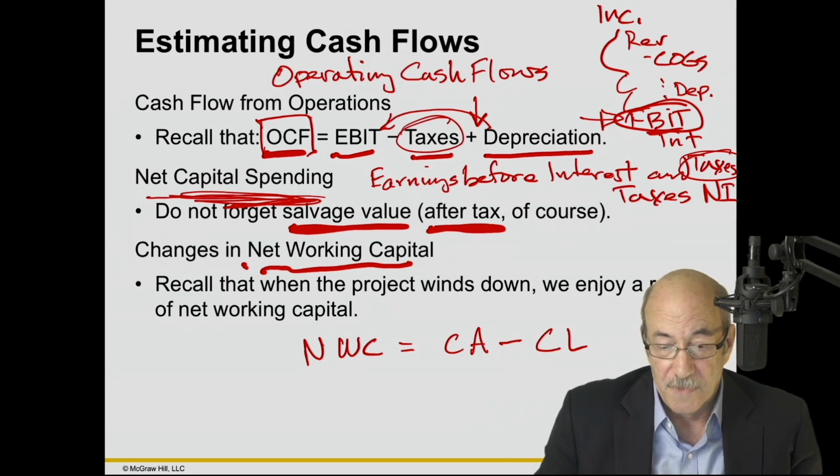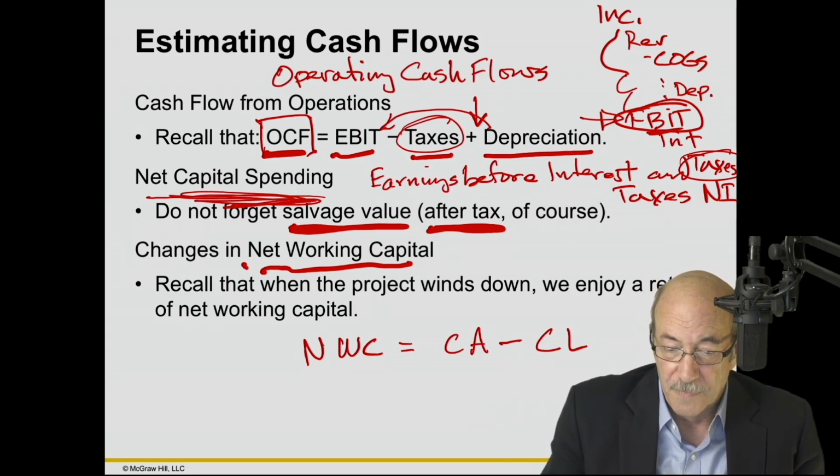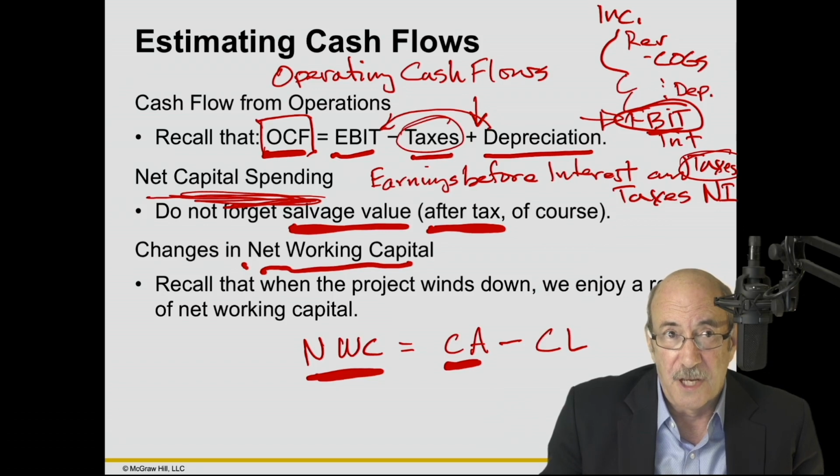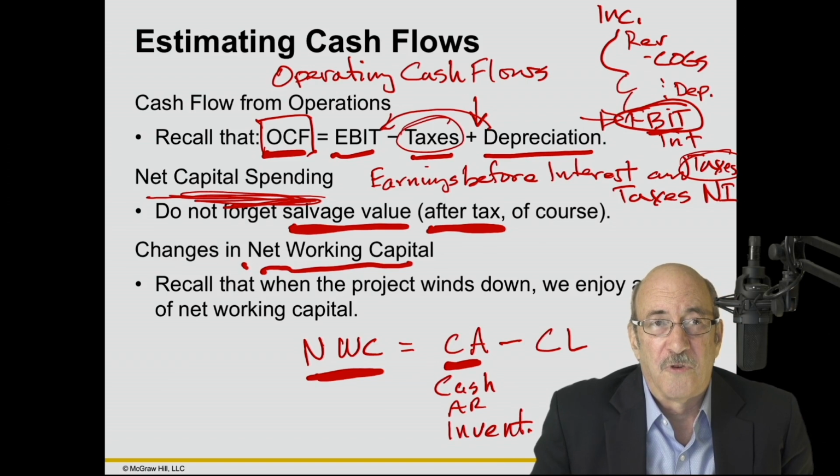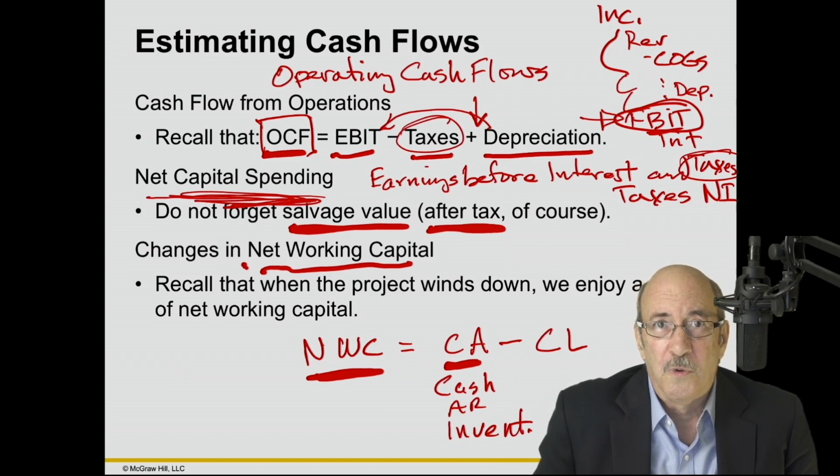Now, net working capital, current assets has what? It's got cash, accounts receivable, inventory, and there may be a couple of other items in there, some sort of accruals, but those are the key items in current assets.